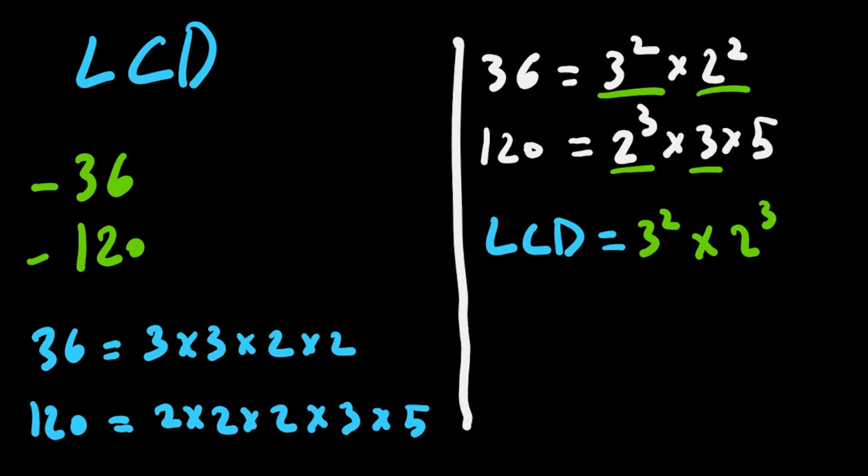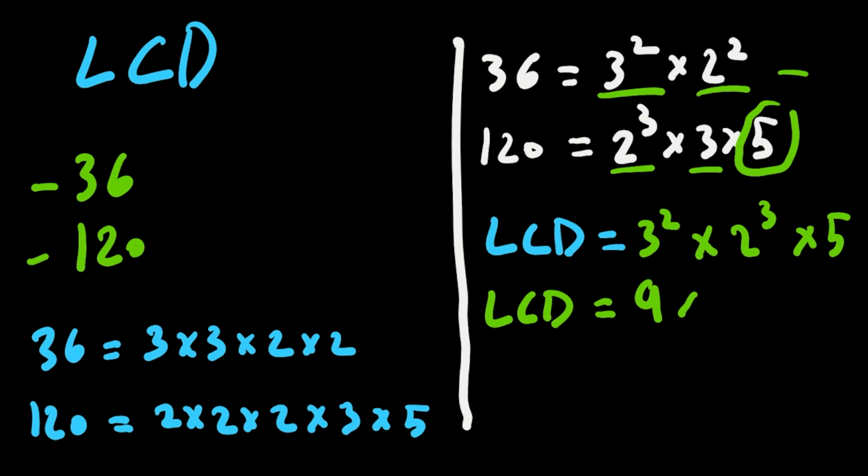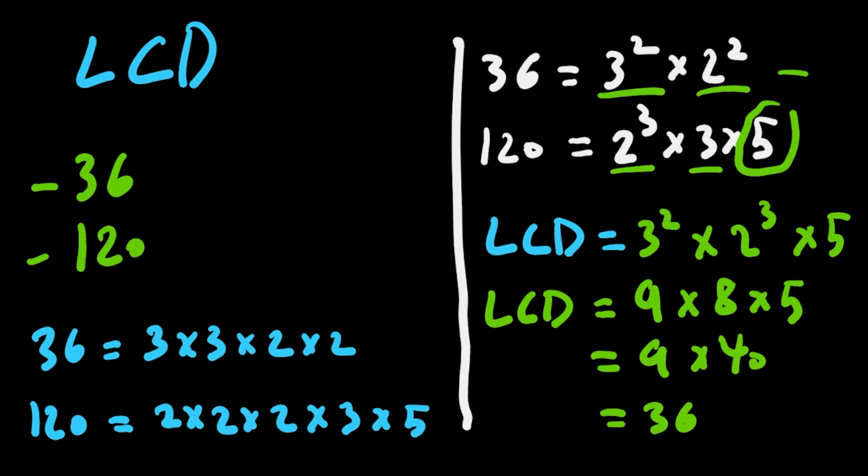And here we don't have 5 in the first number, so we'll just take the 5. So LCD equals 9 multiplied by 8 multiplied by 5, which is 9 multiplied by 40, and that equals 360. Okay? So this is how we get the LCD for two denominators.